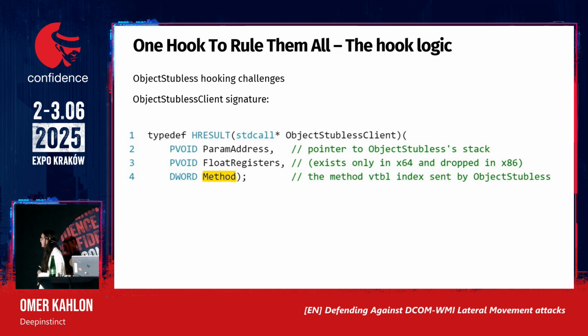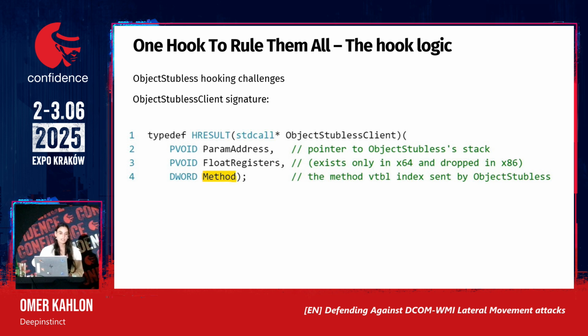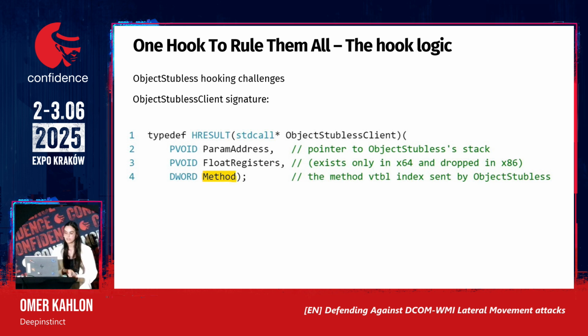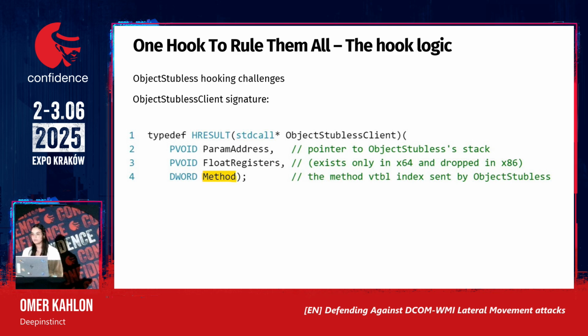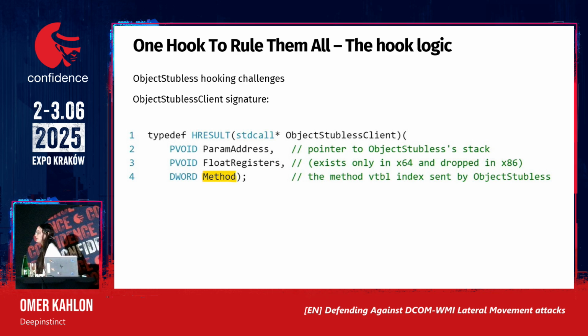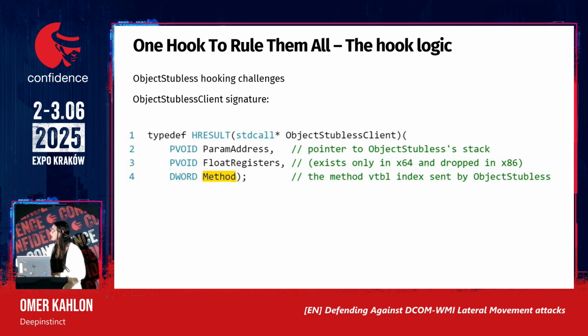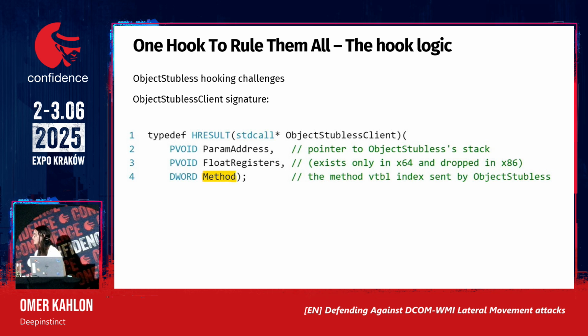Since the rest of the parameters are already aligned in the stack, ObjectStublessClient uses this pointer as a reference to the rest of the parameters. So we learned that ObjectStubless handles its parameters and stack in a special way, and hooking it can disturb the parameter passing and the stack formation and may cause it to crash.